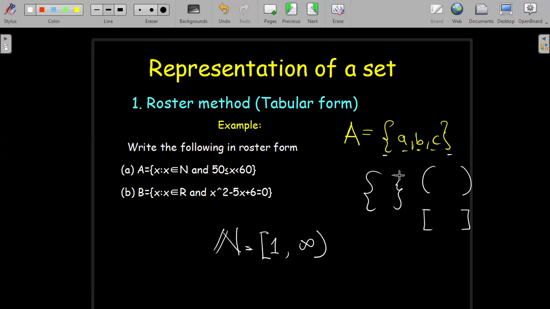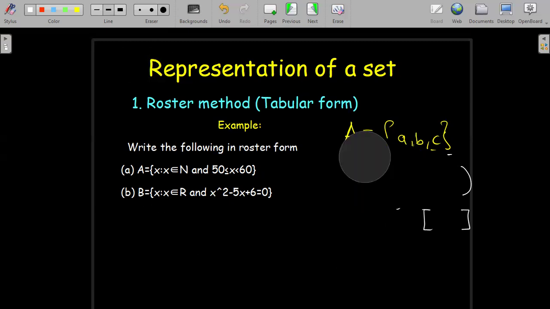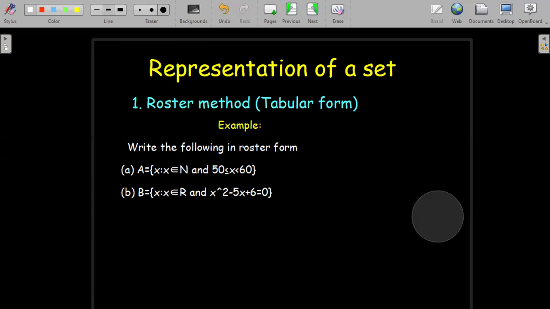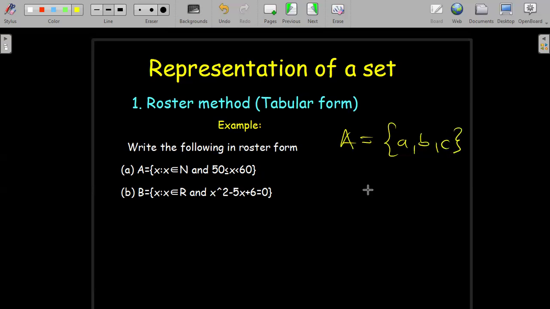But for now, let's consider where we just have these braces, which is what we are going to use. Let's bring back what we said: there's A, B, and C. We will use this symbol here to mean a member of.